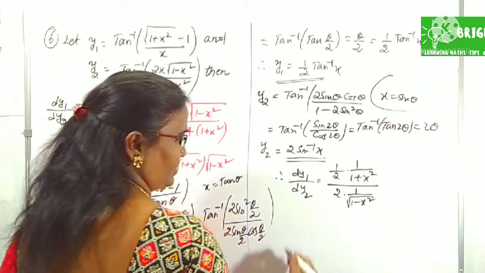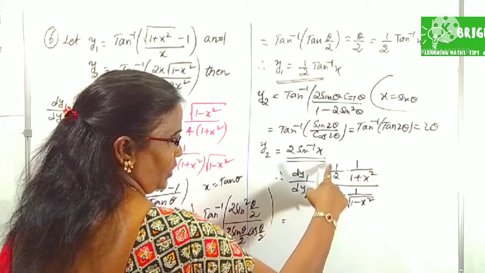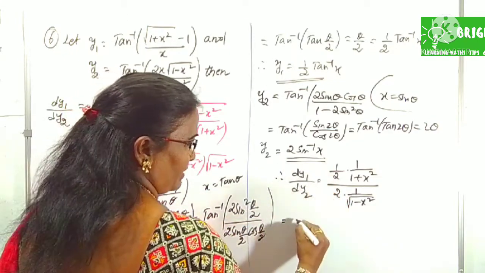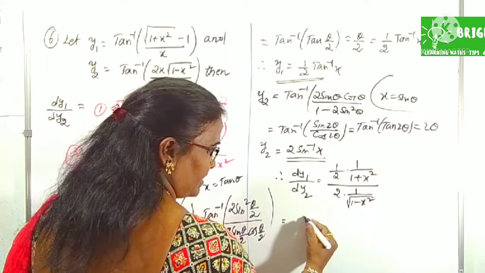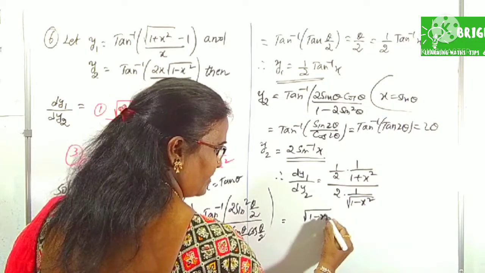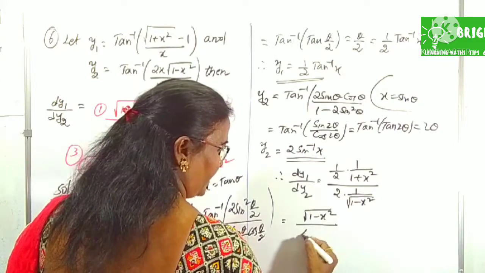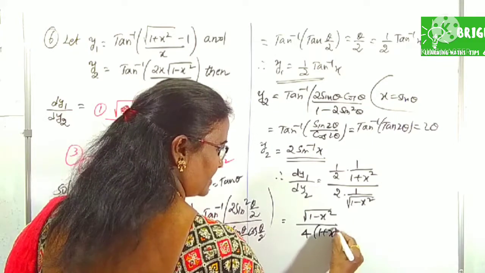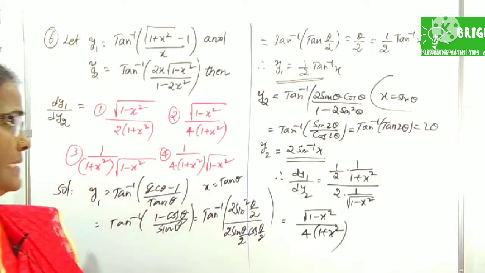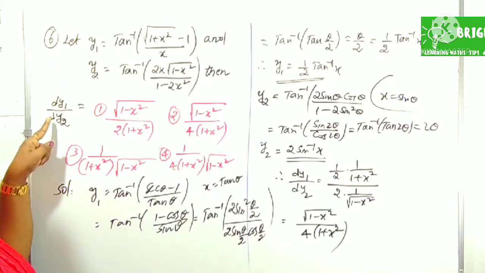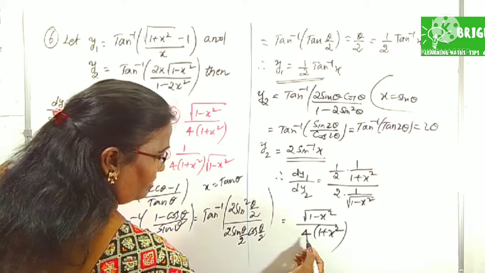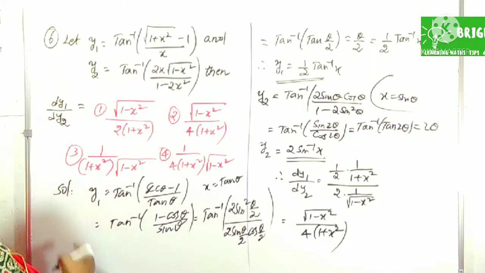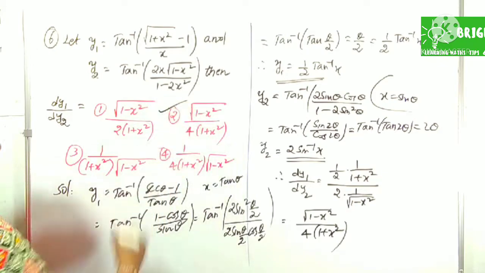These are the standard function derivatives. 1 by 2 means 1 by 4. This is whole divided by 1 by root over 1 minus x square, which comes in the numerator. So root over 1 minus x square by 4 times 1 plus x square. That's it. This is our dy1 by dy2. Which option? Yes, second option.